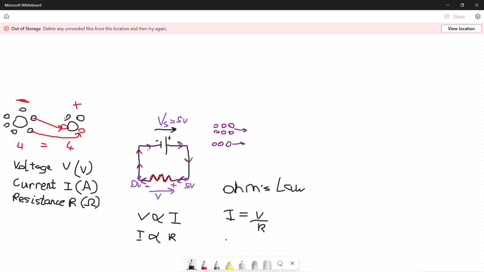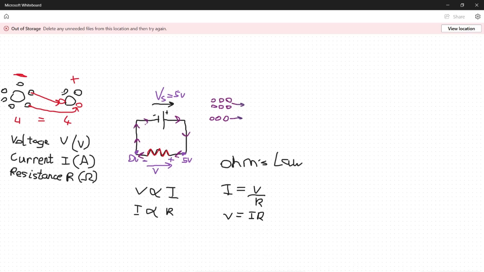Now we can also rewrite this to say the voltage is equal to the current times the resistance, and that the resistance is equal to the voltage over the current. Now if we go back up here, you can see that R is on the bottom.